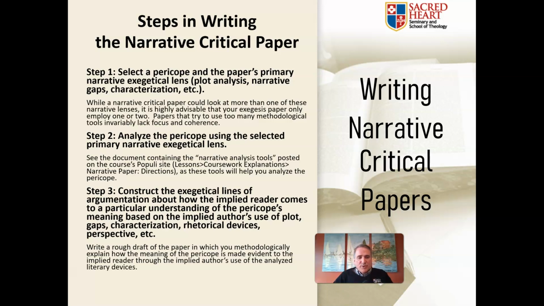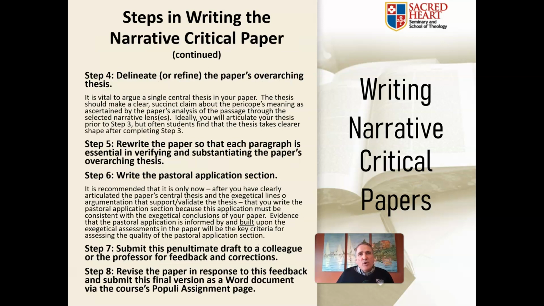So this is basically your rough draft. Then hopefully you have already defined your thesis before you did that step 3. But I often find that students will refine their thesis. I certainly find that I end up refining my thesis after I've done the first draft. You might not even be quite sure what your thesis is, but if you write that first draft, then okay, here's the main point, and then you have to go back.